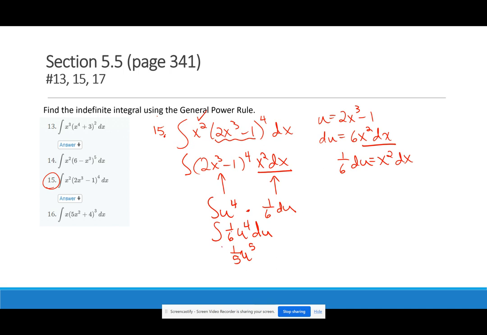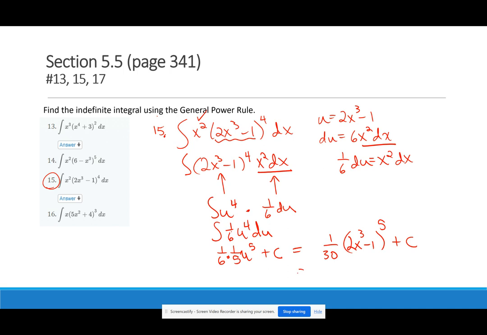There was already a 1/6 out there, so I need to bring it along like I do for any constant. Throw a plus c on it, clean it up a little bit, and get x's back into the mix. So that would be 1/30, and the u is 2x to the third minus 1. So put that back in, and then add your plus c.